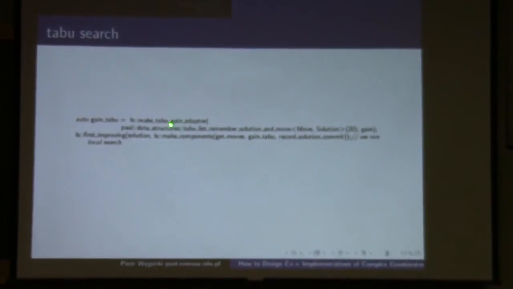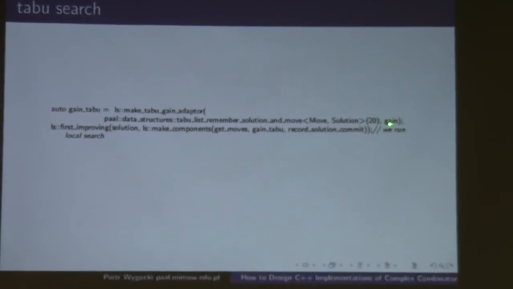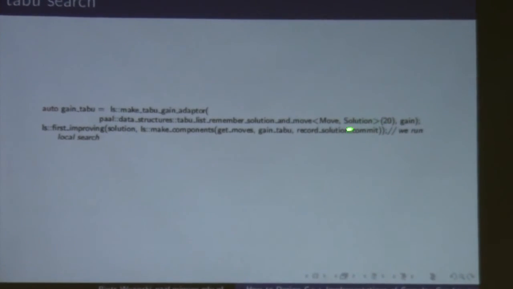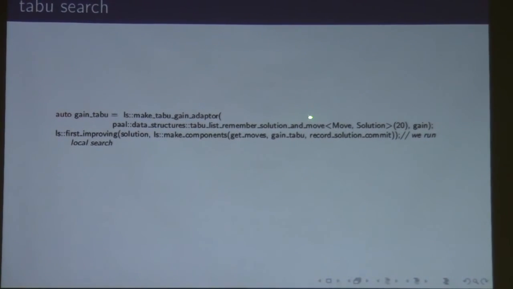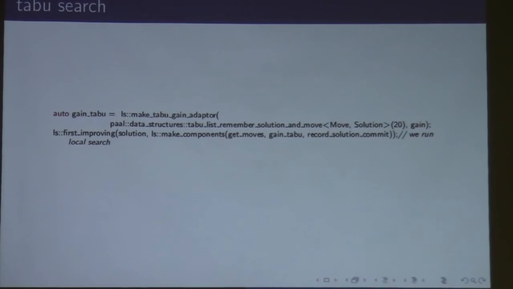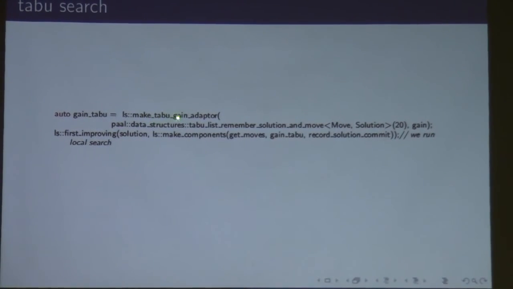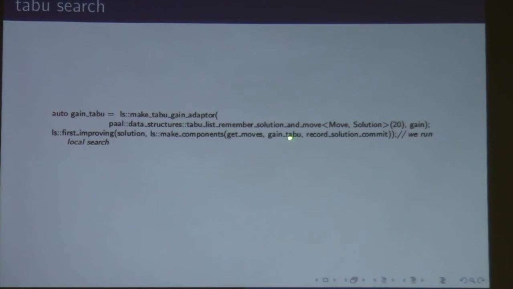This time it is a gain adapter, and it takes the previous gain, and it needs a data structure to remember these moves. It is a container, or something like a container, which remembers the last 20 pairs of solution and move.